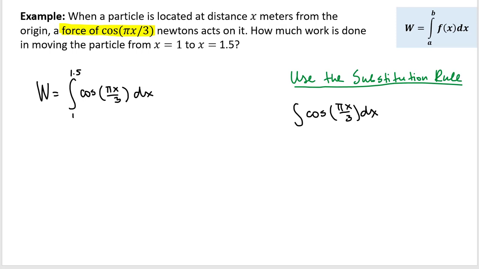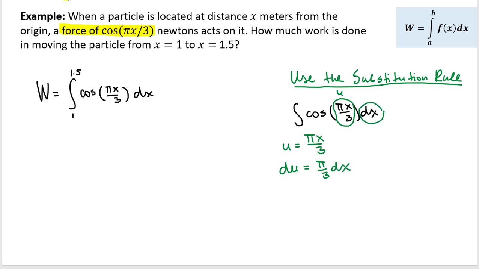So what I'll do, I'll denote everything that's inside the parentheses. I will call that u. So that means that u equals pi x over 3. And what is du? du is pi over 3 dx. Let's figure out what to substitute dx with.